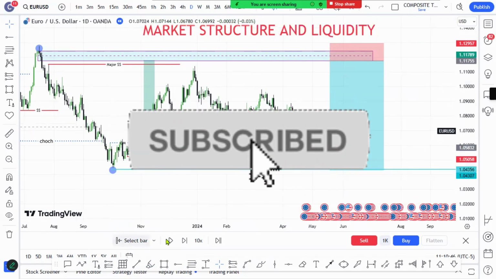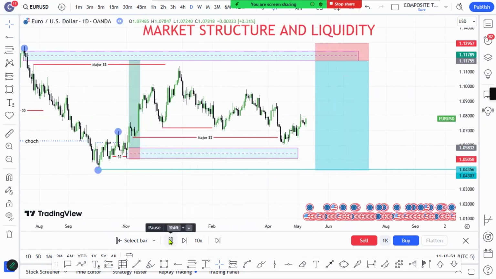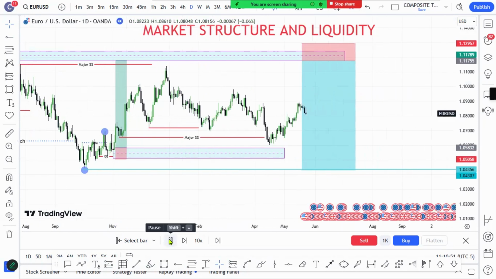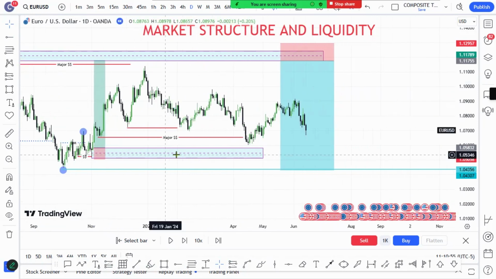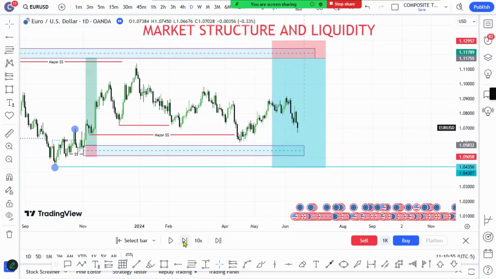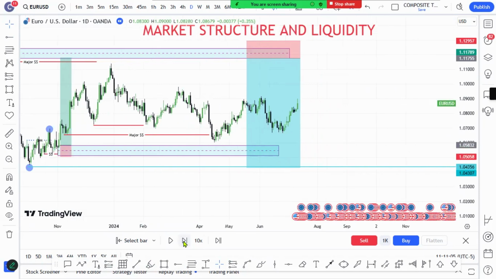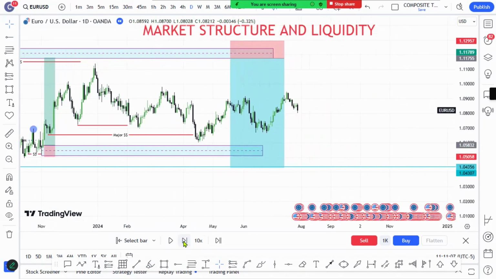So let's see what happens. Okay. The market never mitigated this first OB, because this was the OB that if it mitigates this level, then you buy. So it kept going higher.